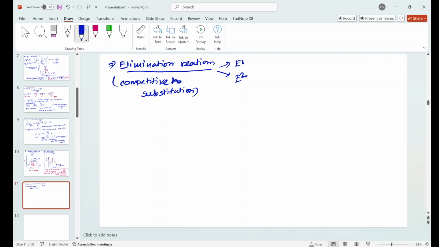How? Let's say you have bromocyclohexane and you are giving some nucleophile. So what it can do, it can replace this bromo one. You get the OR plus bromine.